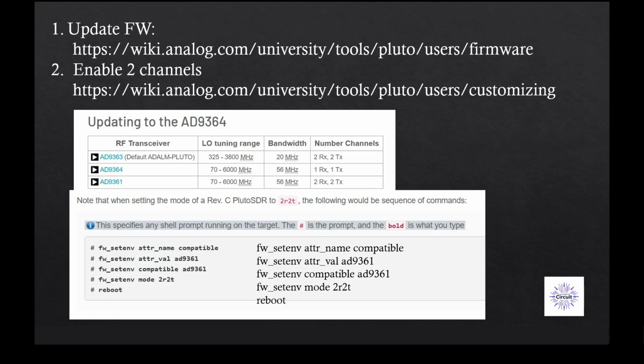For accessing the second channel, we need to open the package, and we need to have a Pluto SDR Rev C or later to get access to the second channel. And also we need to change some of the firmware settings of ADALM-Pluto. First, we need to go to this website to update the firmware, then another website that has some instructions for enabling the second channel. So let's go and see how it's done.